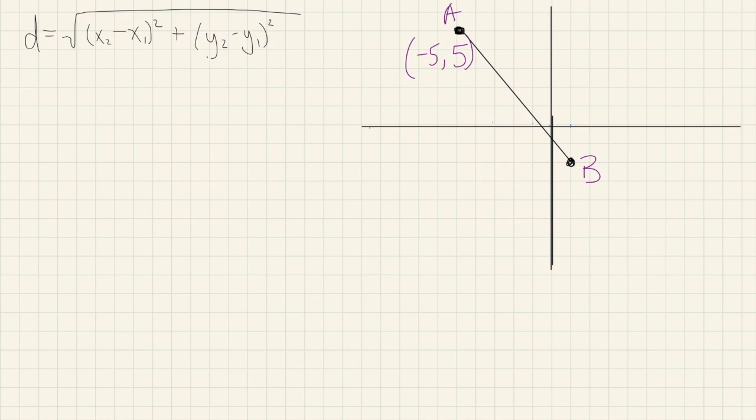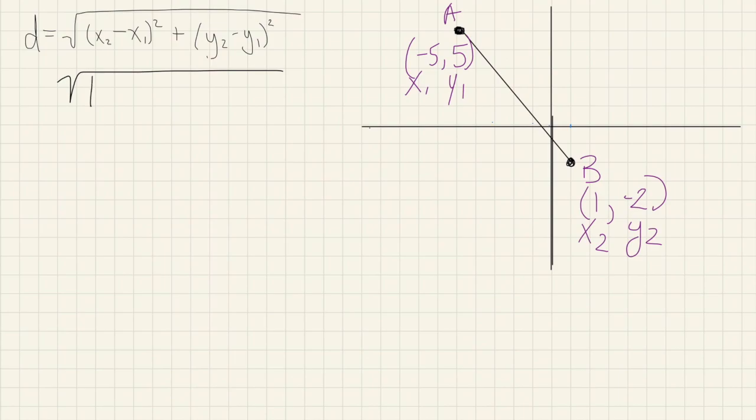Then again, starting in 0, 0, we go over 1. So the X is 1 in this point. And then down 1, 2. So negative 2 for that Y point. And again, we can label these X1, Y1, and X2, Y2. So then let's go ahead and start plugging them into our formula.